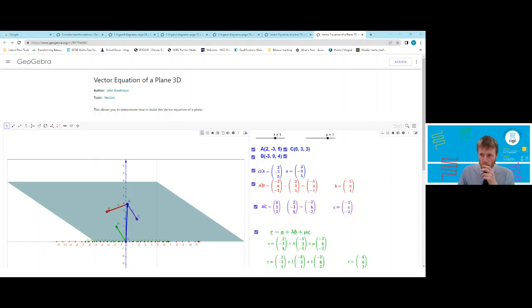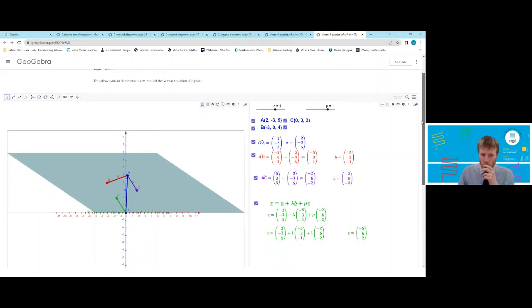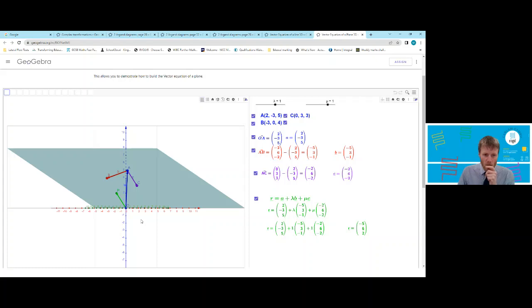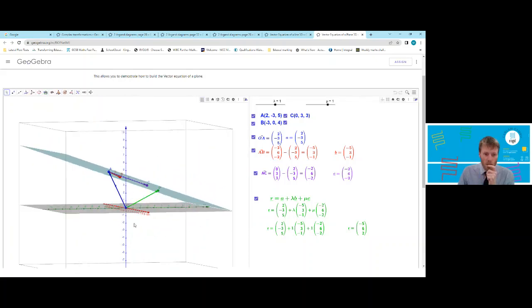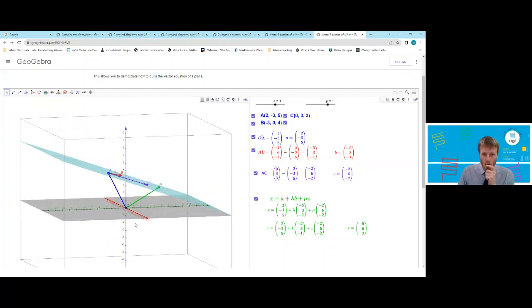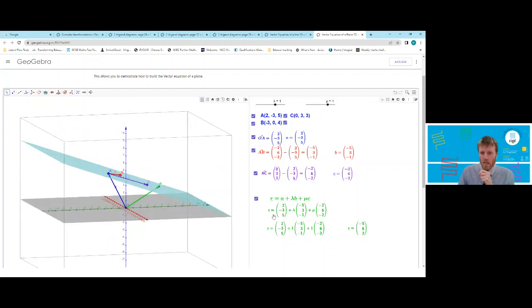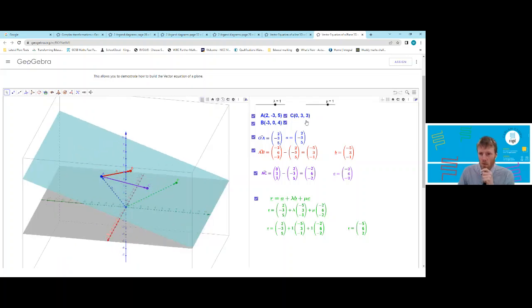So when this thing loads up, we have got our plane here, and the vector equation of the plane is down here where my mouse is hovering. It probably makes most sense if we change these to 0 to start with. So I'm going to move that to 0, and I'm going to move that to 0. That should take us to this point, 2, -3, 5.